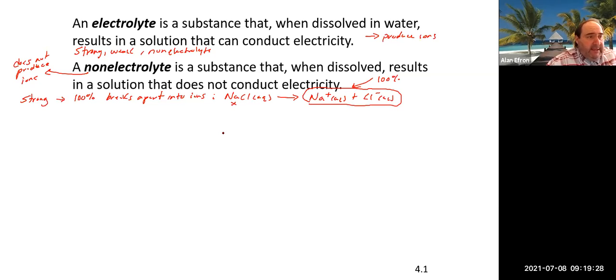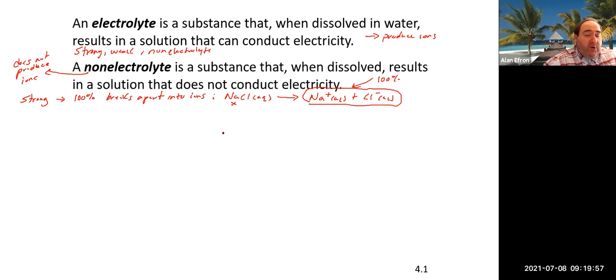Because it's able to produce a lot of ions very quickly when it goes for a swim, it hops in there, breaks apart, and a bunch of ions are produced, it conducts electricity very, very well. A common experiment is to take a light bulb hooked up with some electrodes, put it into a solution, and plug it in.